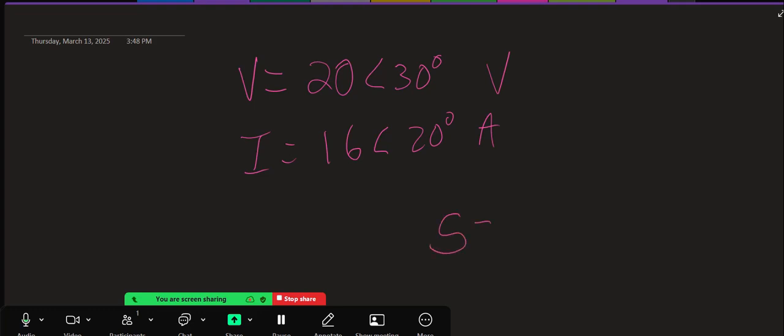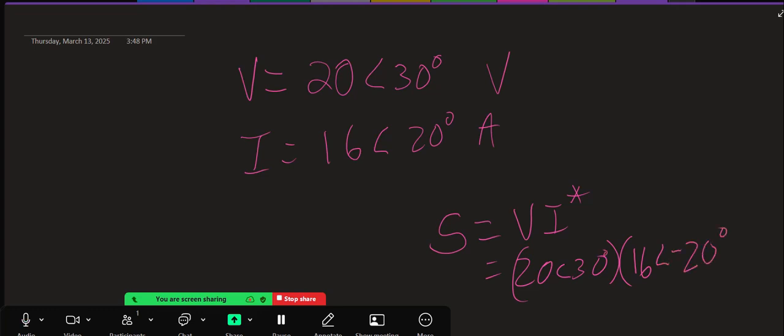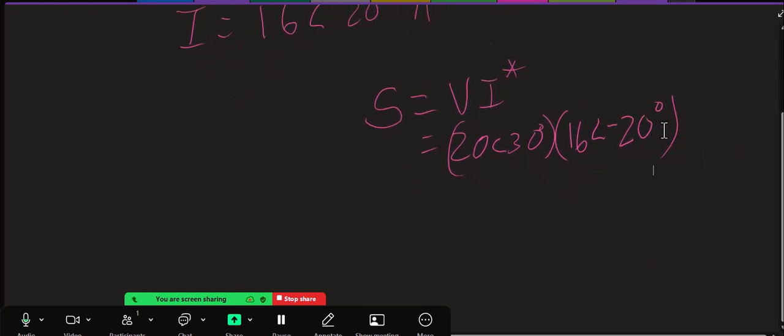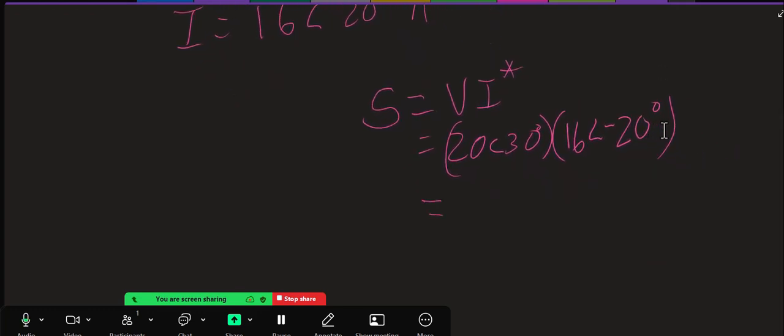Then the power equals VI conjugate, which is 20 angle 30 times 16 angle negative 20. So that's one way to talk about the conjugate, is that the angle is the negative of what it is. So this will be 320 angle 10 degrees.